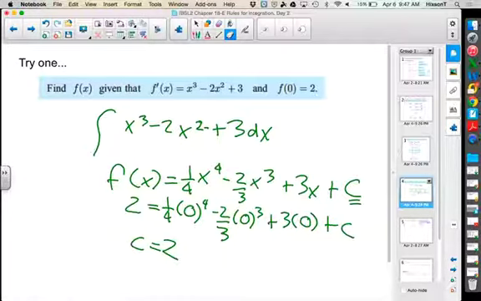Is that the final answer? F of x, and then instead of plus c, you would put plus 2. It says find f of x.